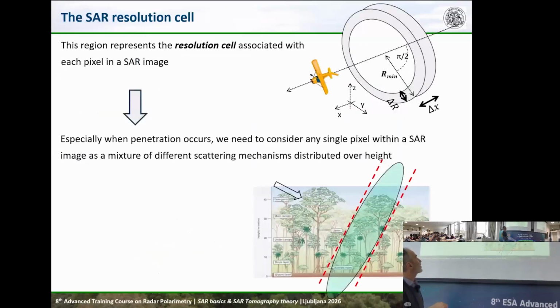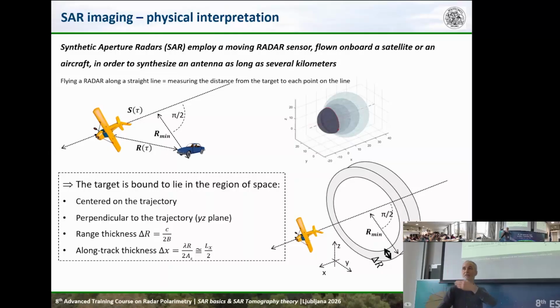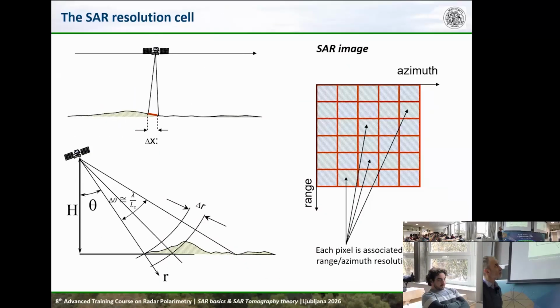So the azimuth here would represent this direction, and range is the minimum range, the distance from the trajectory to the point orthogonal to the trajectory, this one. So we have a SAR image. For each pixel, we need to think that we only see the integral along this area.